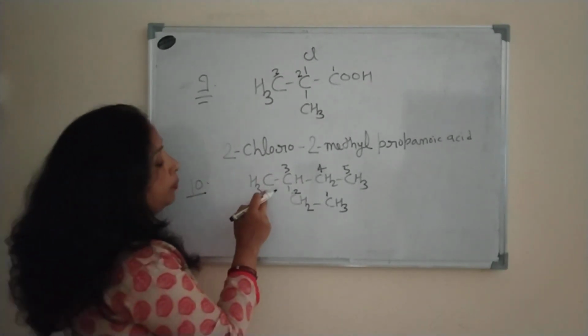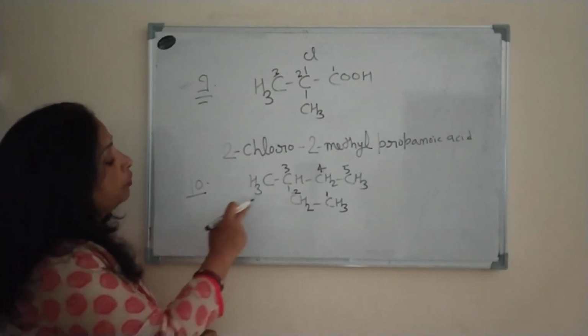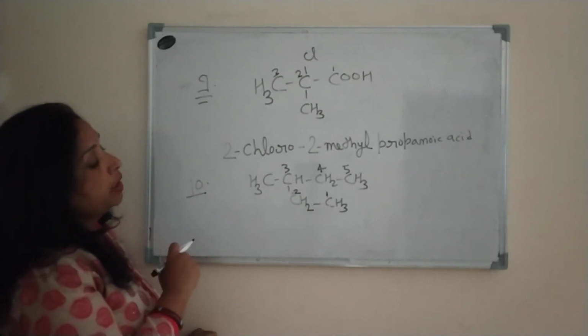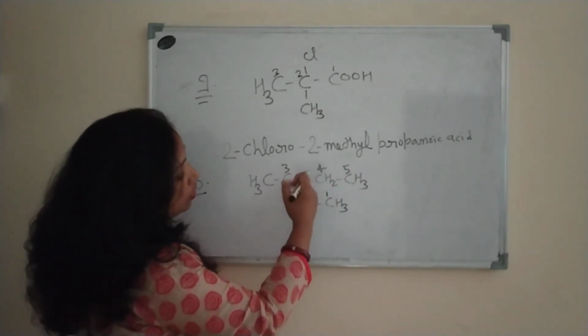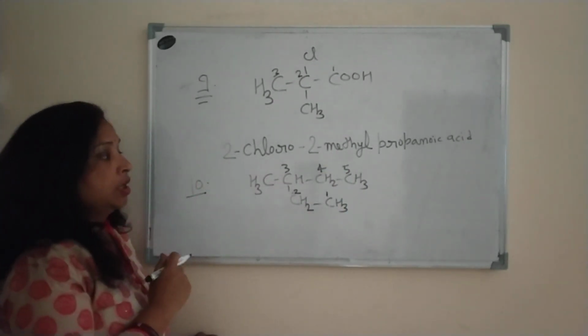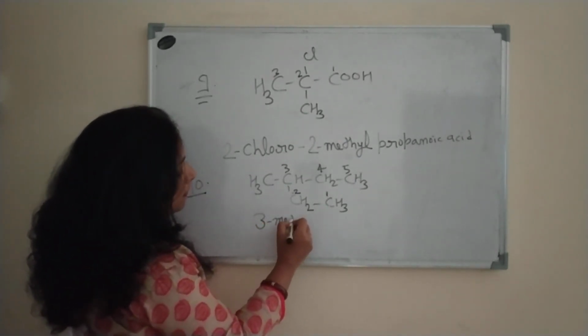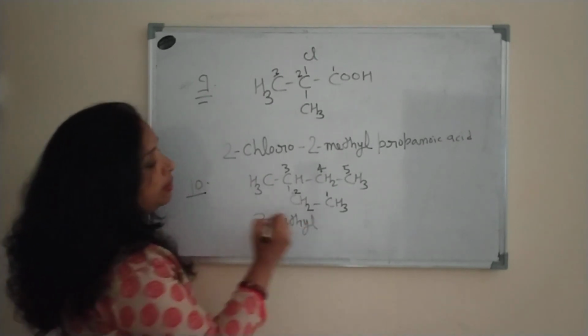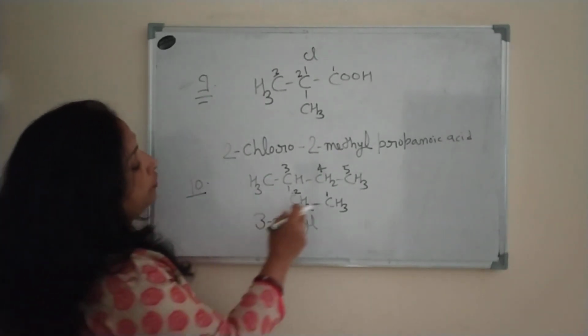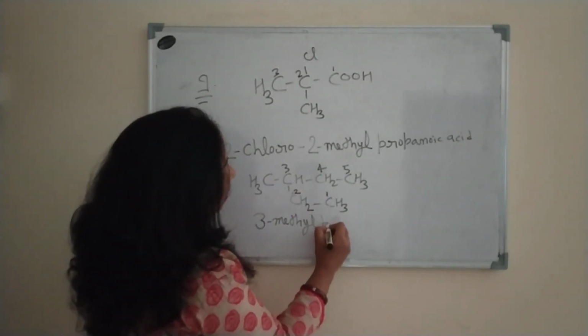We have to give the minimum number to this methyl group. So there are 5 continuous carbons, and the name becomes 3-methylpentane.